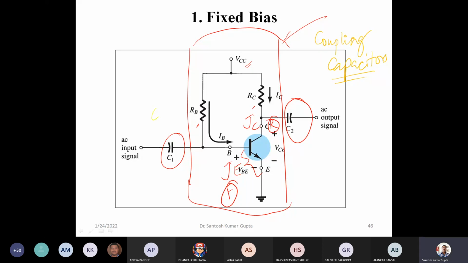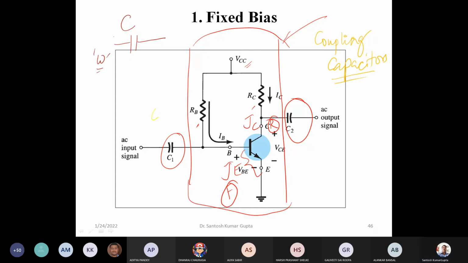The very basic characteristic of a capacitor is like this. We have a capacitor, and we apply some signal of frequency omega radian per second.